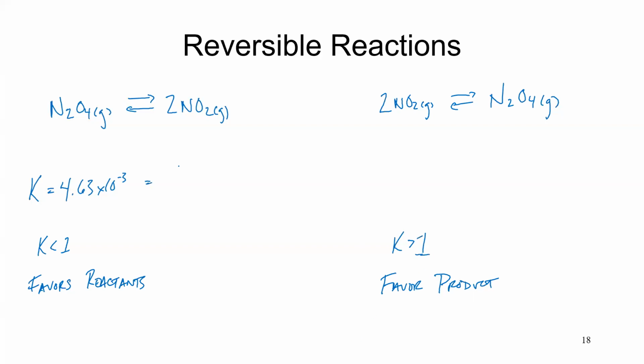Let's look back at our math. The expression for K is the concentration of NO2 squared divided by the concentration of N2O4. Here, K is equal to the concentration of N2O4 divided by the concentration of NO2 squared.